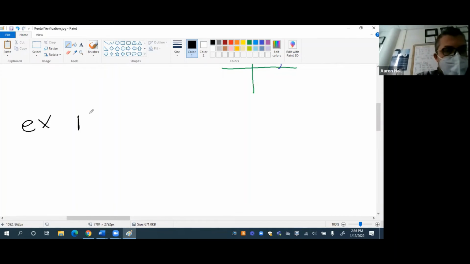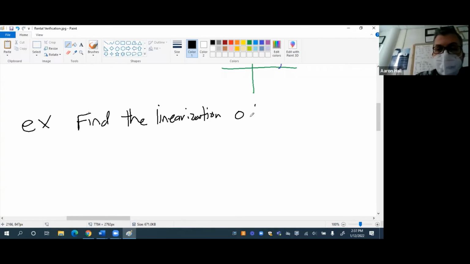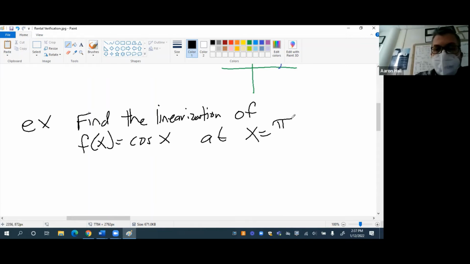So this problem says I want to find the linearization of f of x equals cosine of x at x equals pi halves.